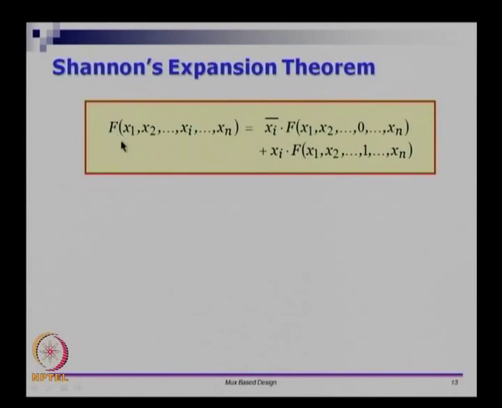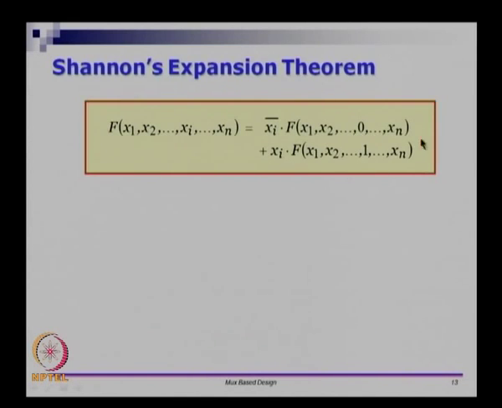You can write f as a composition of two functions. So you have xi complement and f of x1 to xn, plus xi and f of x1, x2 up to xn, except that wherever it is xi as a variable, you substitute the constants 0 and 1. So you can see it is a very subtle thing, but watch out. Here it is a function on n variables x1 to xn. This term is not a function on n variables, it is a function on n minus 1 variables and a constant 0.